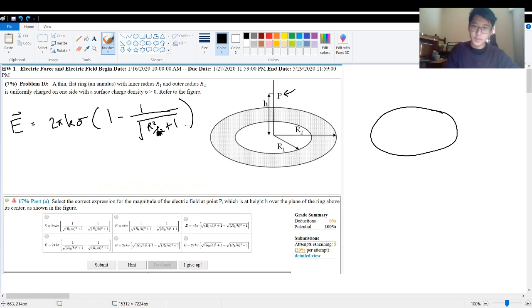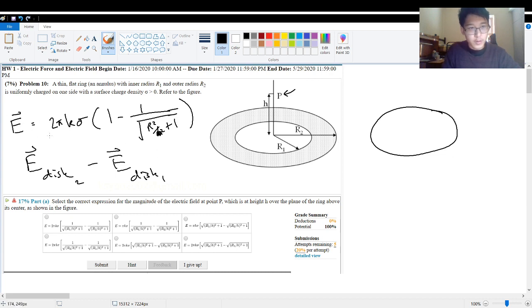So essentially, we have the electric field of disk 2, the one with radius 2, minus the electric field of disk 1, assuming disk 2 is the entire disk, including this area in the middle.